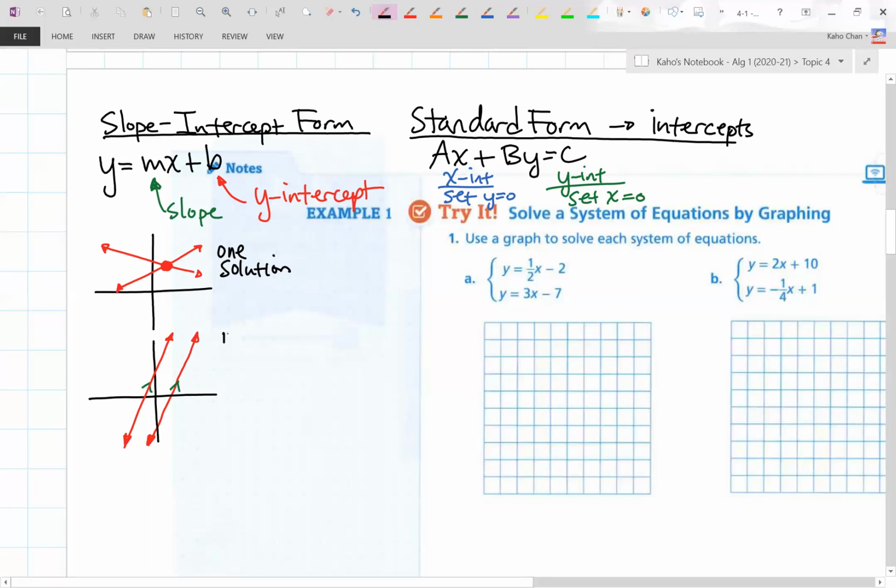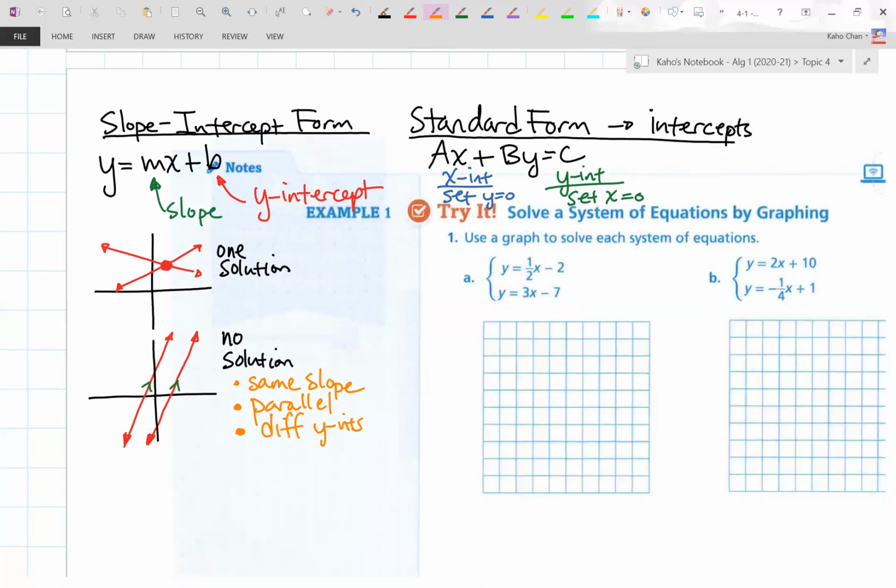So this is known to have no solution because they have the same slope and they are parallel. They do have different y-intercepts, meaning where they cross the y-axis right there and right there.